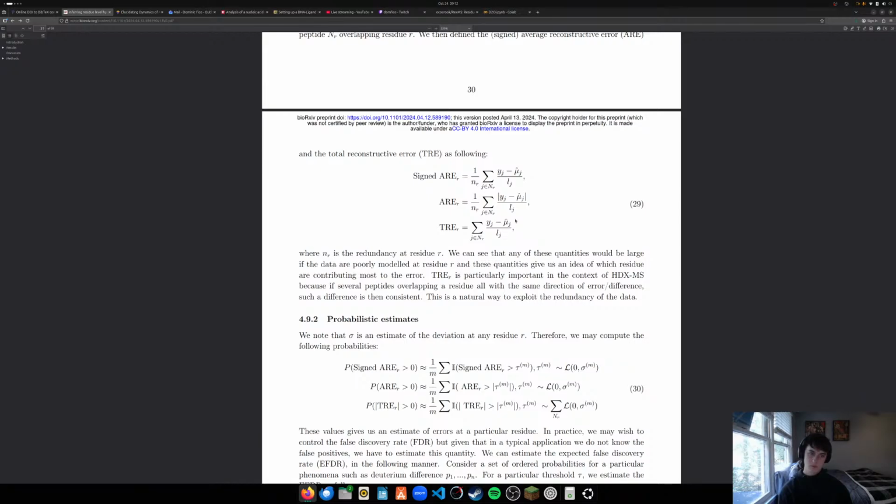TRE is important in the context because of several peptides overlapping a residue, all with the same direction of error differences, is then consistent to exclude the redundancy of the data. We can see that any of these qualities would be large if the data are poorly modeled at the residue, and these qualities give us an idea of which residues are contributing most to the error.